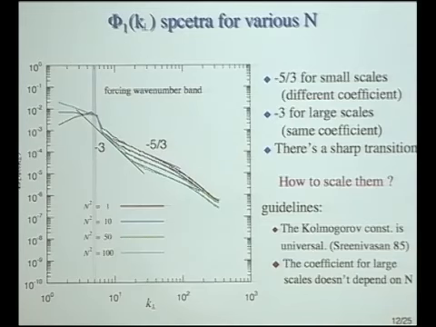So minus 5/3 for small scales with a different coefficient, while minus 3 for large scales with the same coefficient. And there's a sharp transition, and the problem is how to scale them.